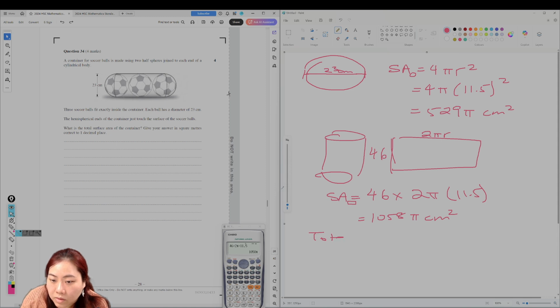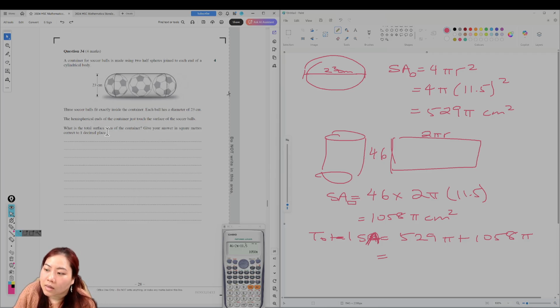Therefore, the total surface area is 529 pi plus 1058 pi. What does it want? Square meters. Is it square meters that they want? Oh my goodness. All this time I'm doing square centimeters. I'll change it at the end.